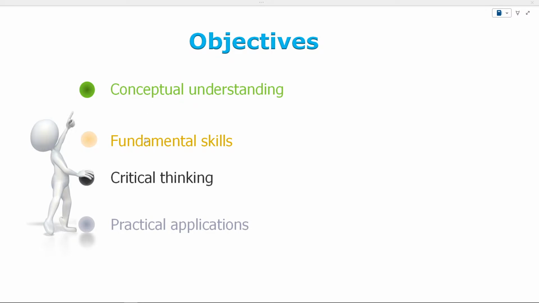And then we will apply these concepts to solve some fundamental problems, some FE problems basically. And then in subsequent videos, we will use these concepts and fundamental skills to solve simple optimization problems.